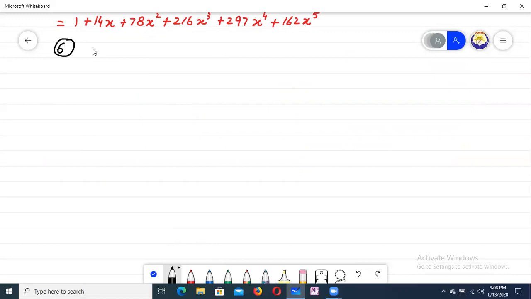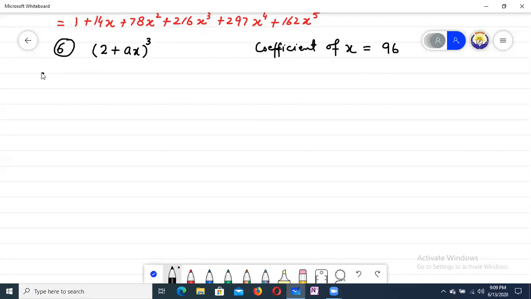The coefficient of x in the expansion of (2 plus ax) whole cube, coefficient of x in this expansion is given, that is 96. Find the value of constant a. What is the value of a?